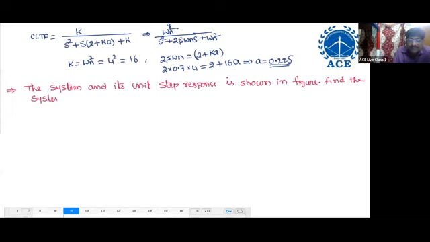Find the system gain. Draw this. That is K. You have to find K.